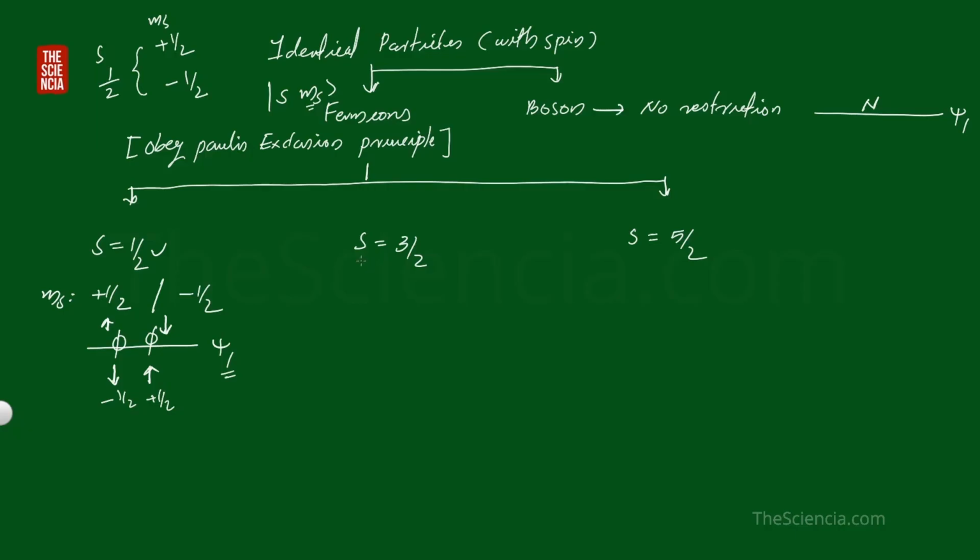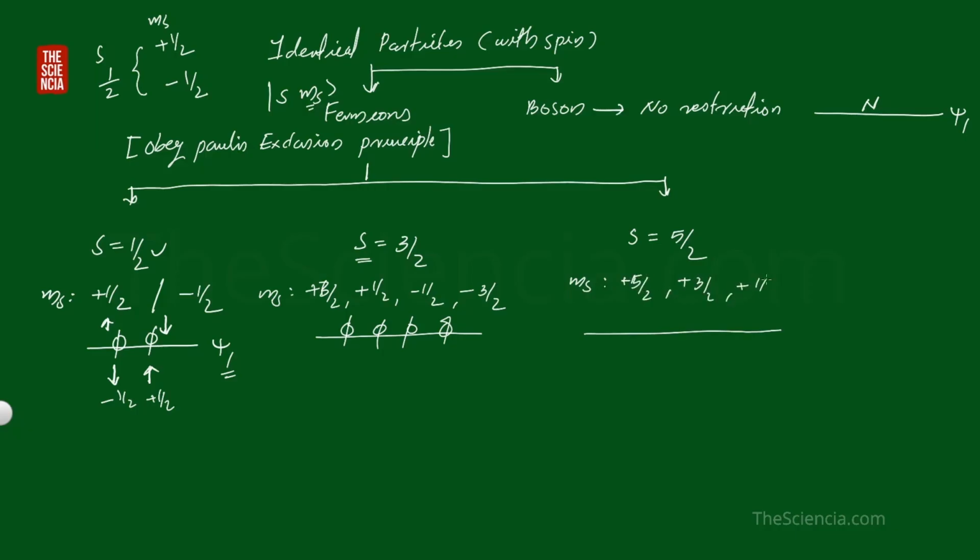Similarly, for an s equal to 3 by 2 fermion, it can occupy 4 particles. The reason is the ms values plus 3 by 2, plus half, minus half, and minus 3 by 2 are possible. Okay, and similarly for s equal to 5 by 2, the ms value can be plus 5 by 2, plus 3 by 2, plus 1 by 2, minus half, minus 3 by 2, minus 5 by 2.